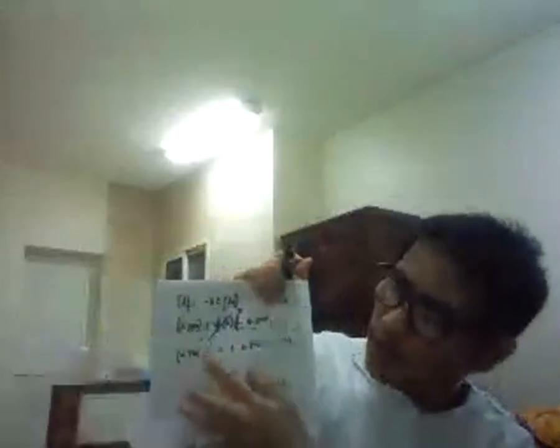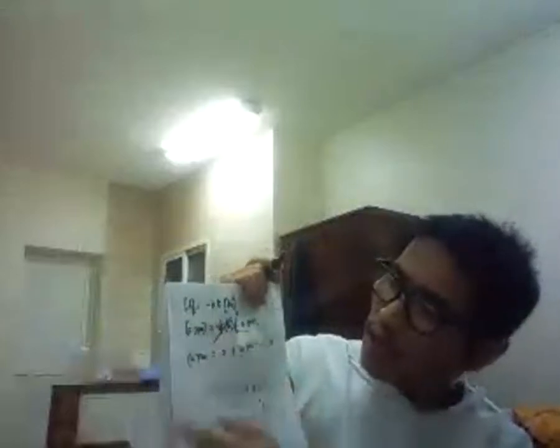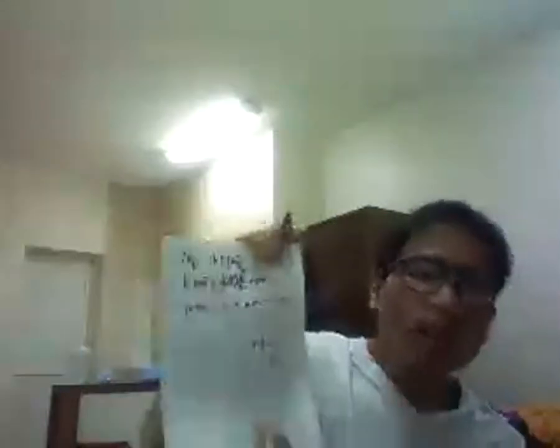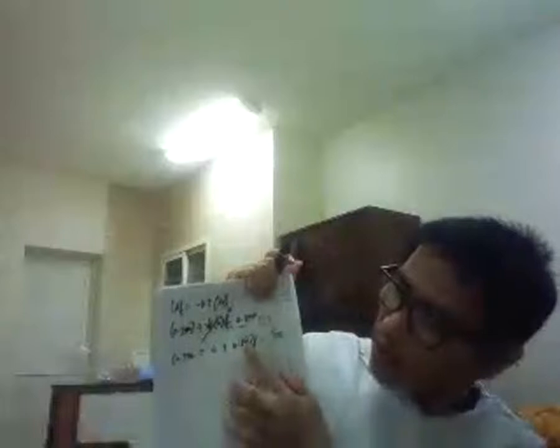At time equal to 0, it's not possible, because this is 0. 0 times K, how much? Not equal, because 0.7200 is not equal to 0.800. This is wrong.